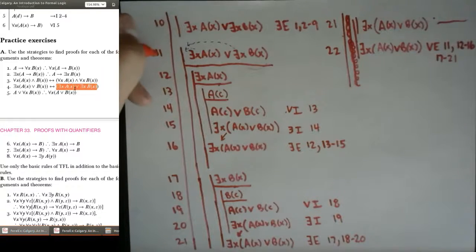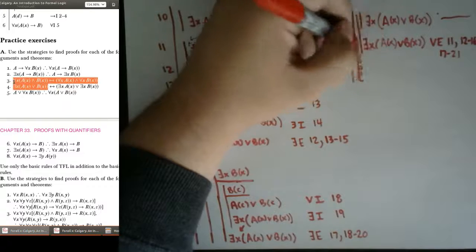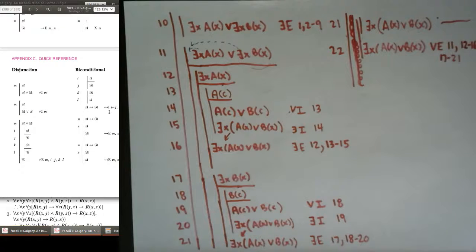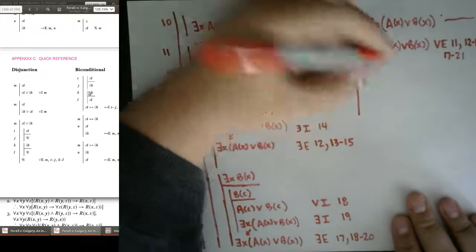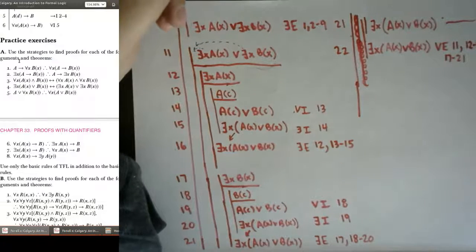On lines 11 through 22, we assumed this right here, and we arrived at this right here. So that subproof also shows the other direction. So by the biconditional introduction rule, we can now go out of level 2 back to level 1 and write the thing that we're trying to prove. We can write this entire thing.